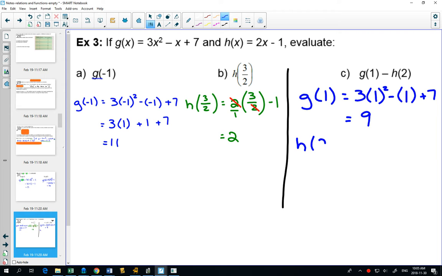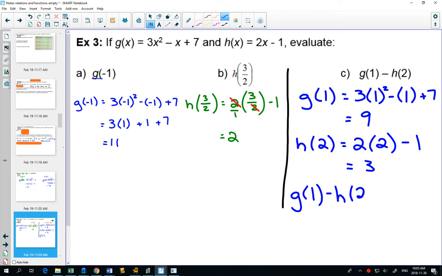And then you could figure out h of 2 separately. h of 2 would be 2 times 2 minus 1, which would be 3. And once you found each of those separately, you could now say that g of 1 minus h of 2 is equal to 9 minus 3, which is equal to 6.